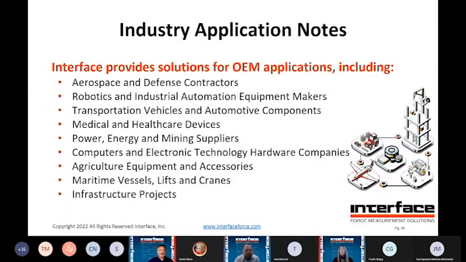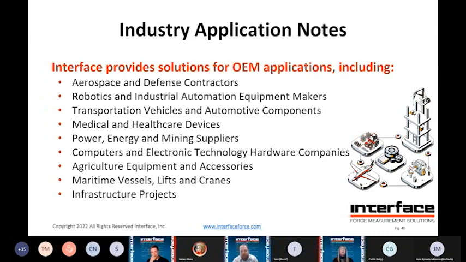Thanks, Randy. We've touched on a lot of the different industries, a lot of the different markets. We're just seeing more and more integration. It's not just machines. Sometimes it's elements used to calibrate or check the equipment. But even like the last bullet point, infrastructure projects, OEM to us is not just going into a product.